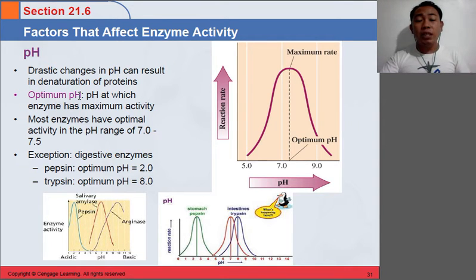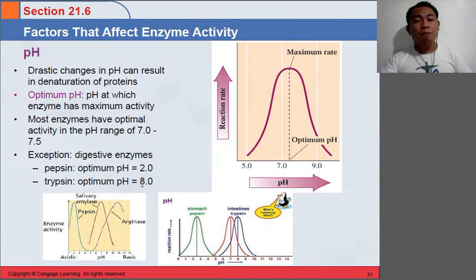The pH at which enzymes have maximum activity is described as the optimum pH. Most enzymes have optimal activity in the pH range of 7 to 7.5, except for the digestive enzymes like pepsin and trypsin in our stomach. Pepsin has an optimum pH of 2, but for trypsin, the optimum pH is 8.0.